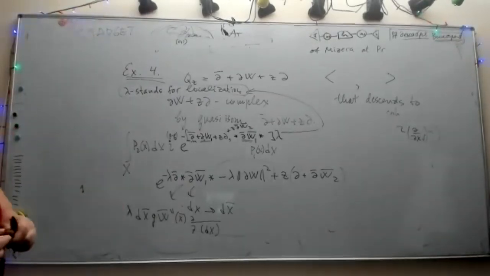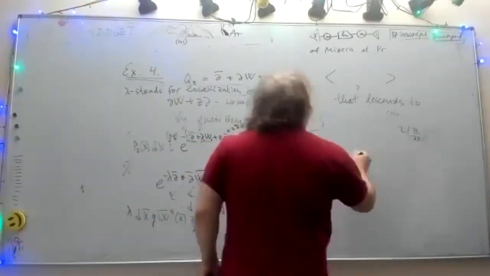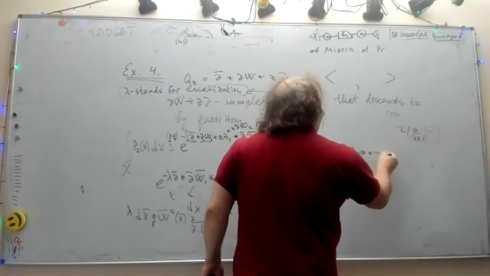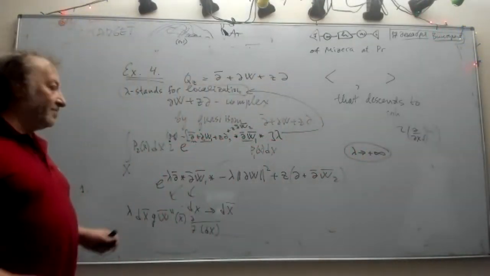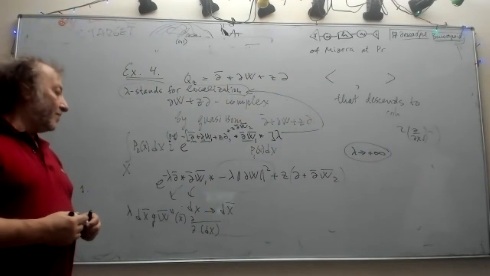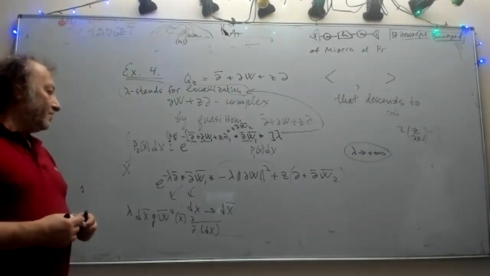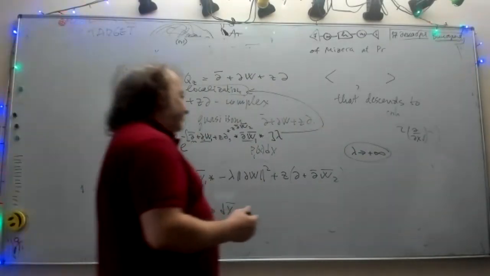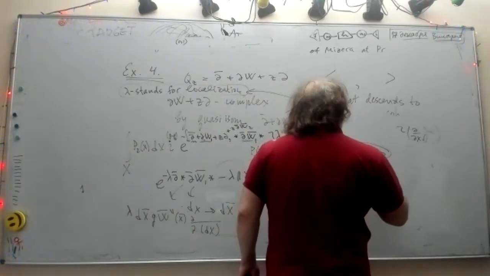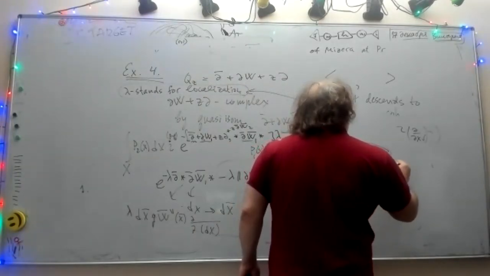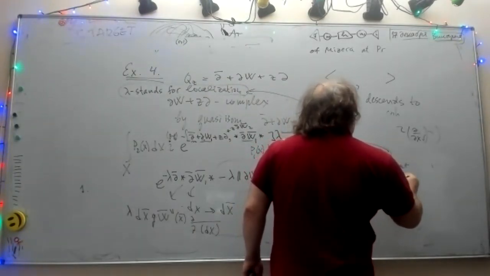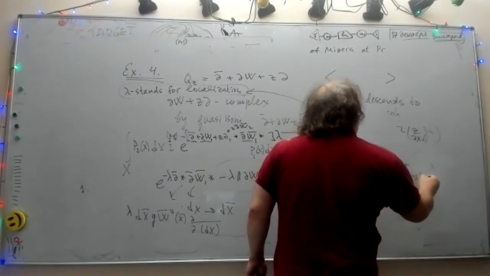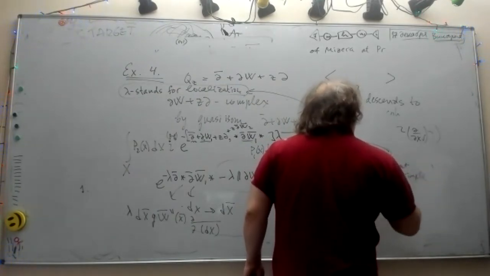So first, let me compute at lambda equal to infinity. Then assume for a moment that W has simple zeros, that dW has simple zeros.